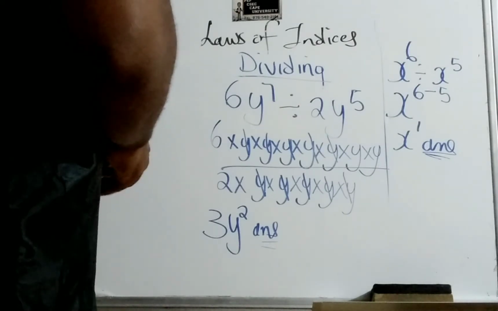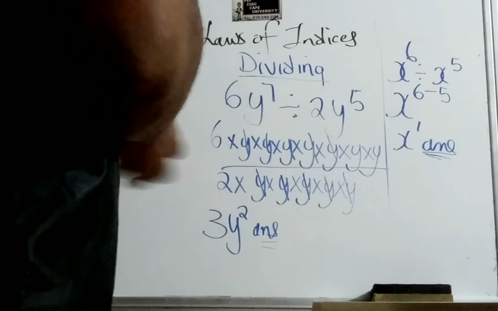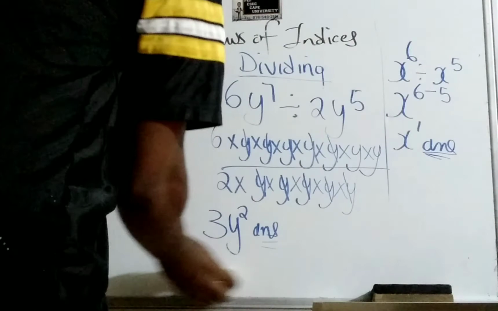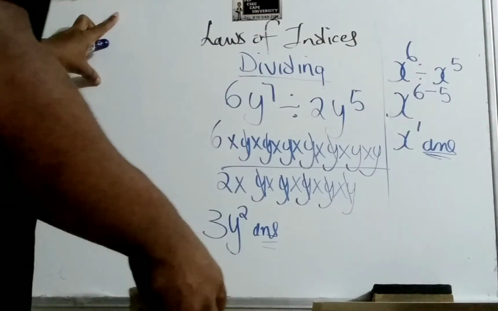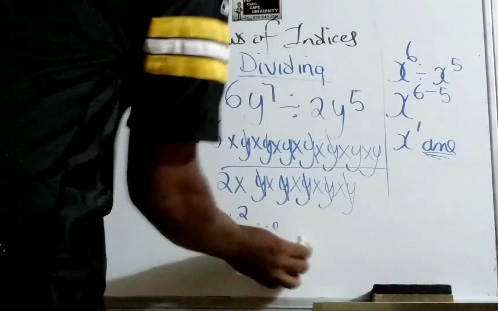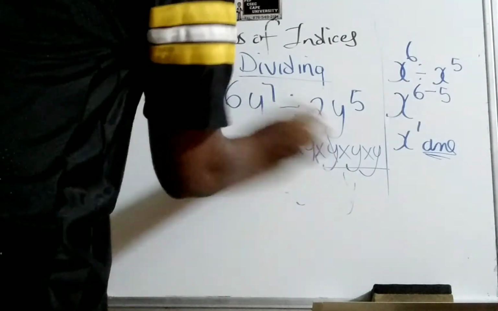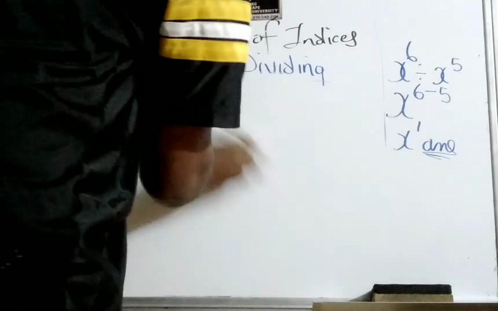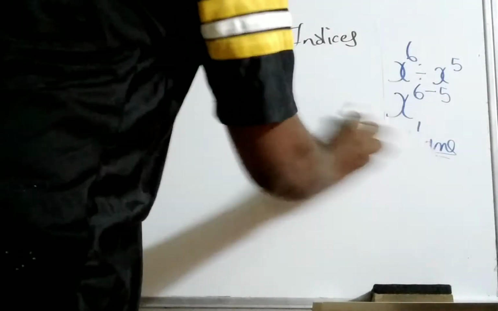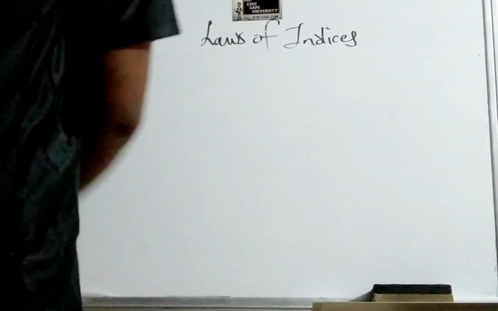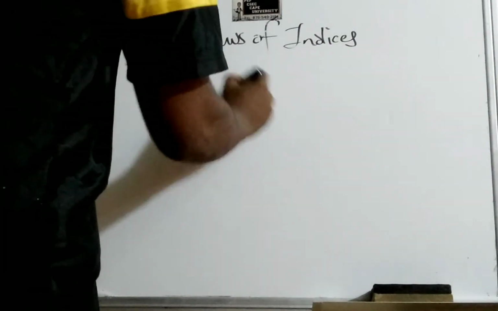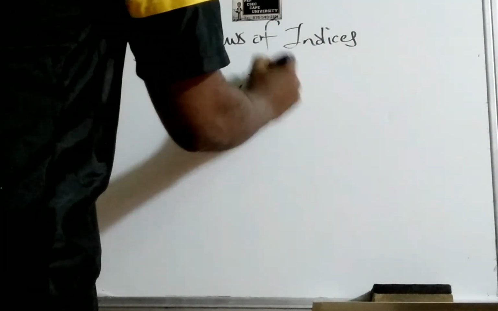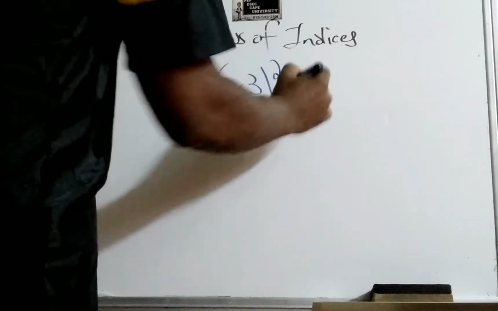Alright, we're going to look at when there's a bracket involved and it's raised to a power. Let us say we have x to the third power, bracket, raised to the second power.